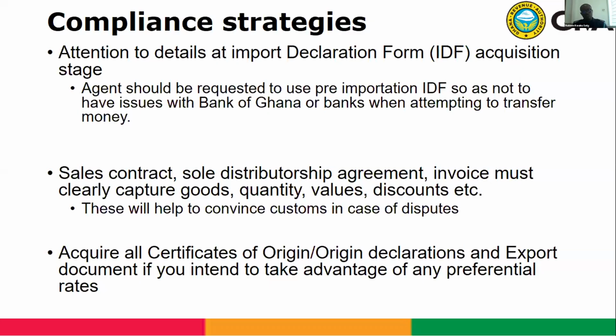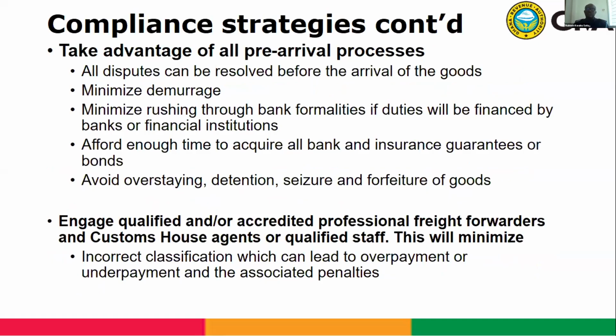When you are able to acquire such documents and you come to Ghana, at the time of passing your declaration, you will be entitled to such preferential rates, which will let you enjoy some relief or exemption of duty.